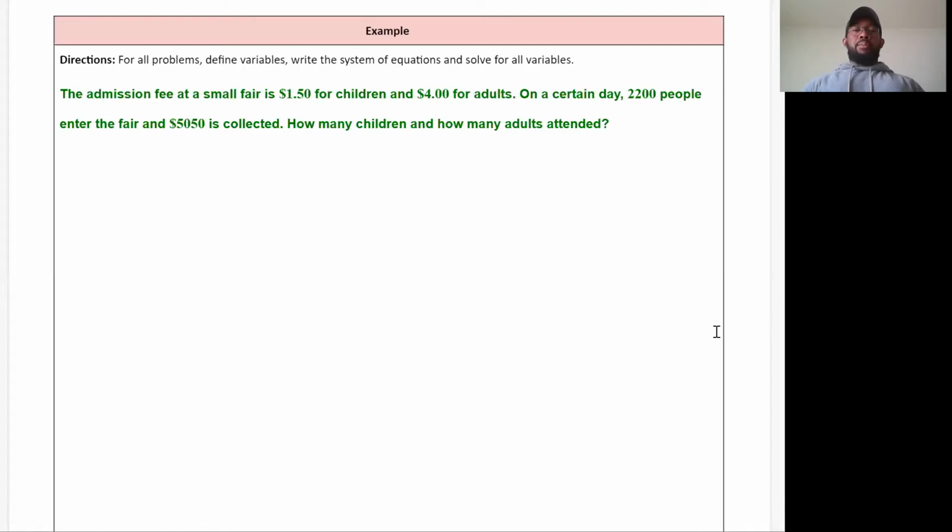And the last thing we know is how much money was collected from this entire fair. So we know the admission cost, but we also know the total, how much money was made at that fair that day. So let's write some of this down.